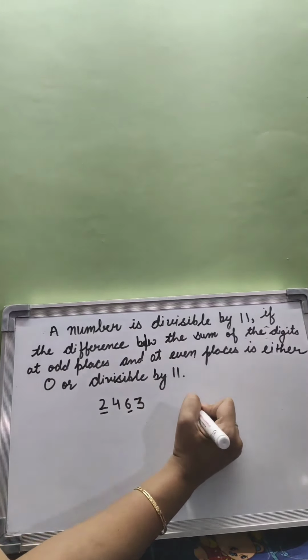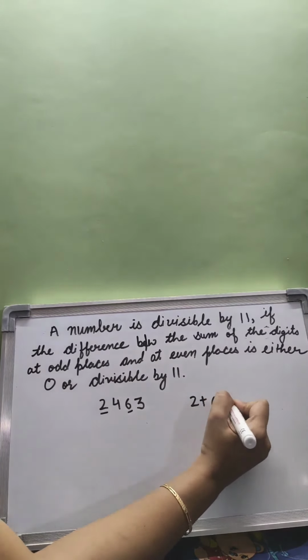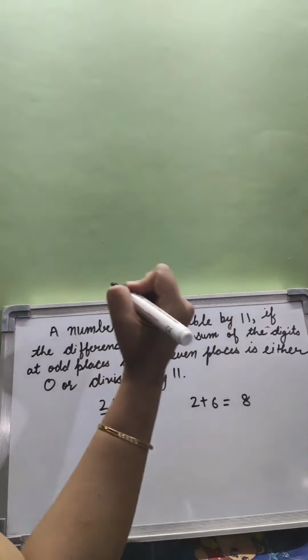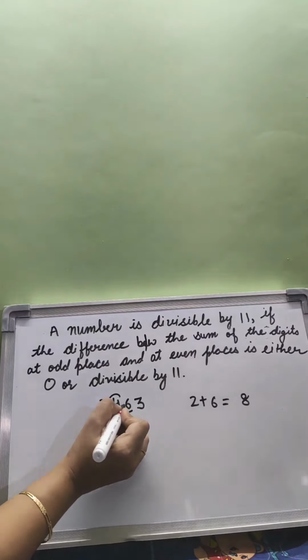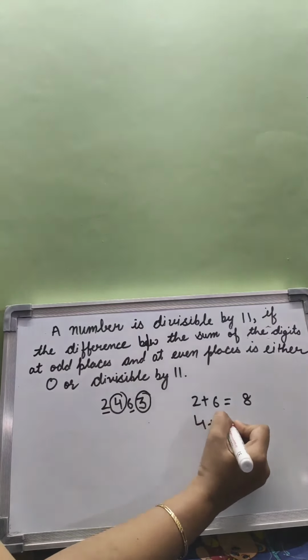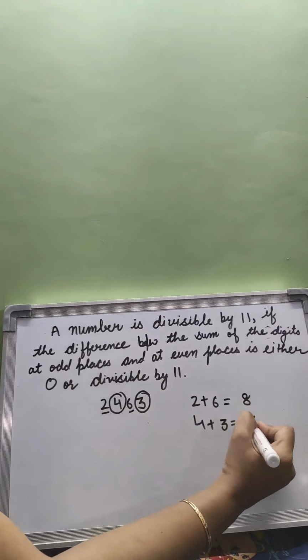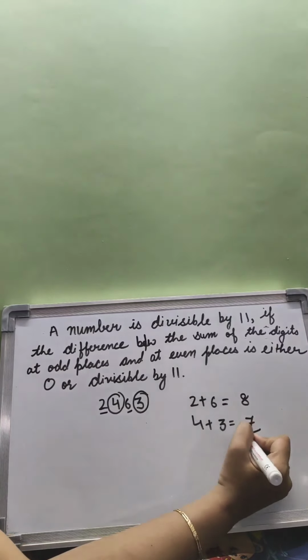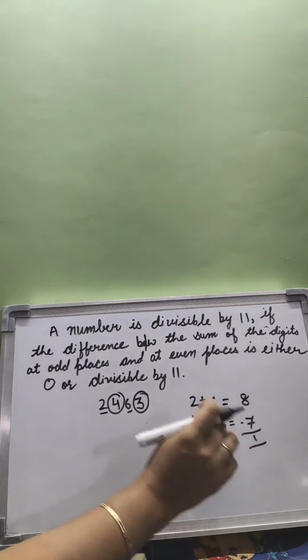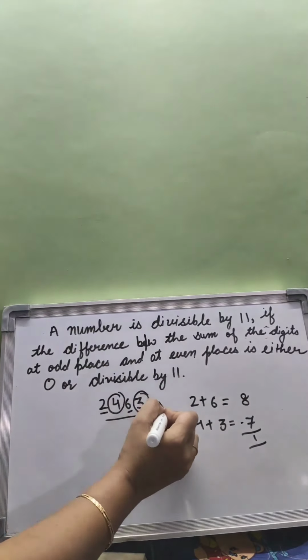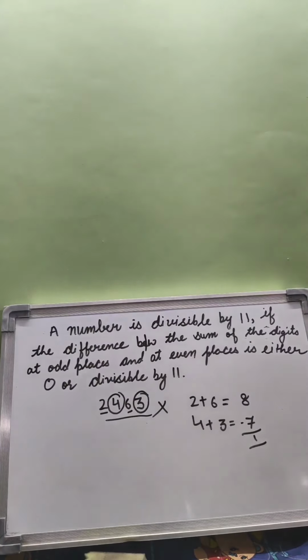That means 2 plus 6, 8. Now add the digits at even places. 4 plus 3 is 7. Now you have to find the difference. 8 minus 7 is 1. It is neither 0 nor divisible by 11. That means this number is not divisible by 11.